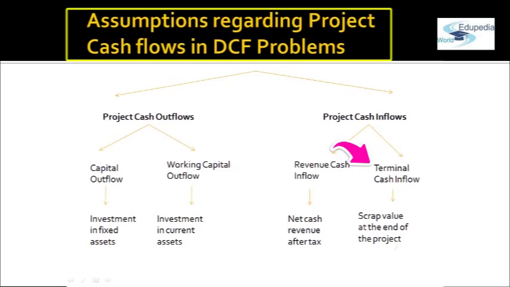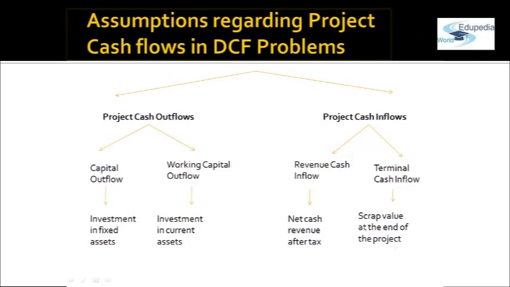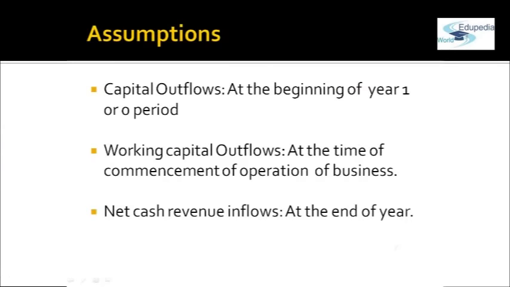So in DCF problems, we have certain assumptions regarding the time period of the realization of these. For a capital outflow, it is always assumed that the outflow is at the beginning of year 1 or 0 period. So if nothing is mentioned in the problem, like an asset has been purchased, we assume that the asset has been purchased at 0 period.